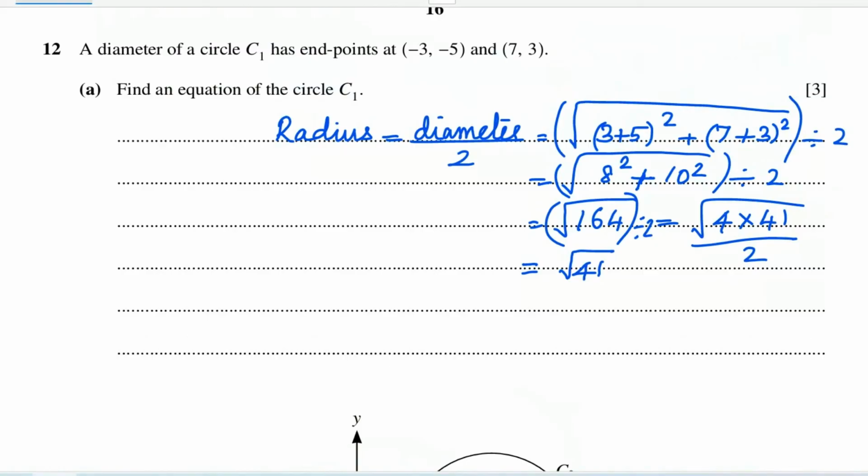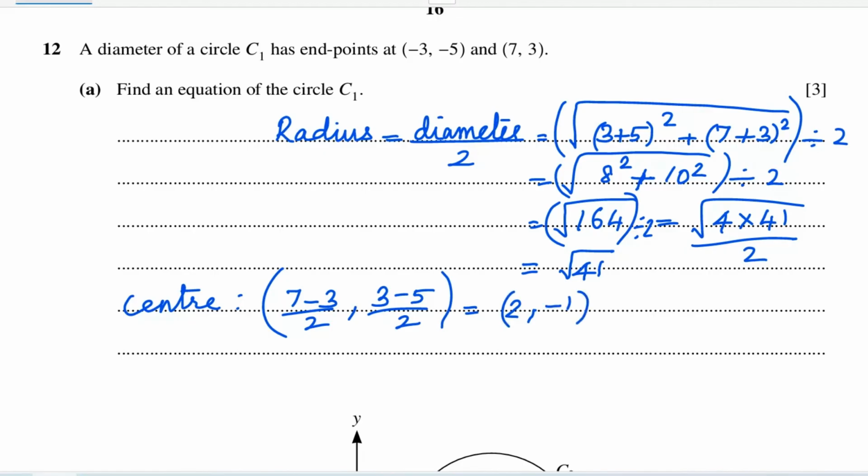And to find the center, which is nothing but the midpoint of these 2 endpoints: 7 plus -3 divided by 2, comma, 3 minus 5 divided by 2, which is equal to 7 minus 3 is 4, 4 divided by 2 is 2, comma, -2/2, which is -1.